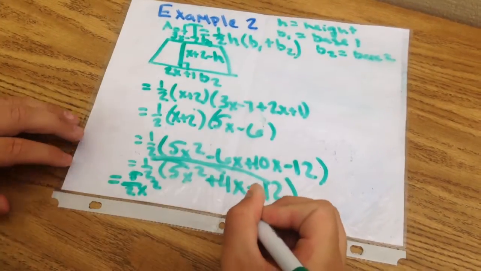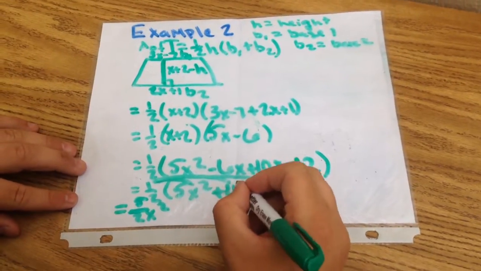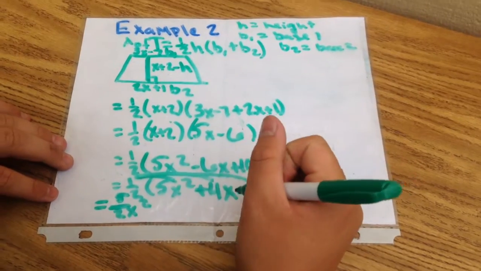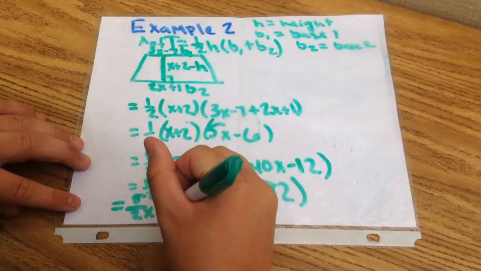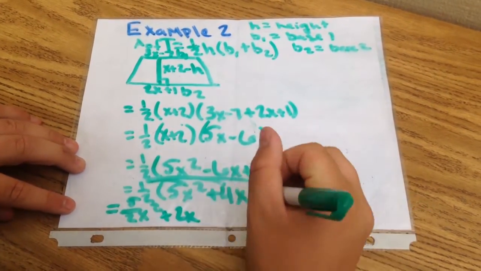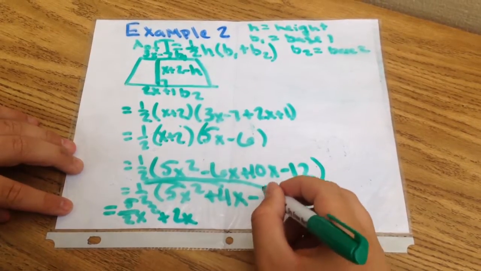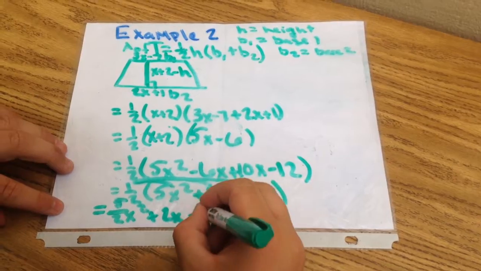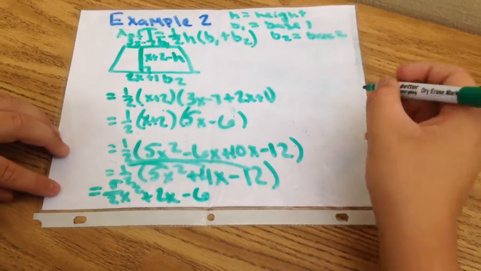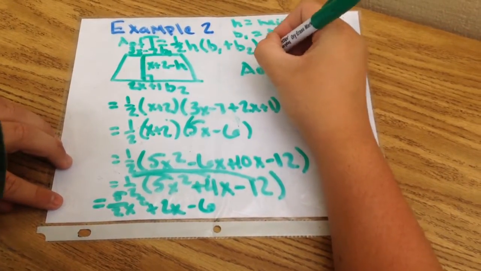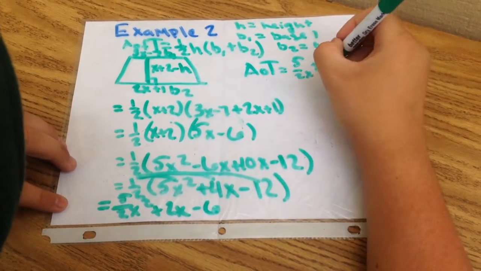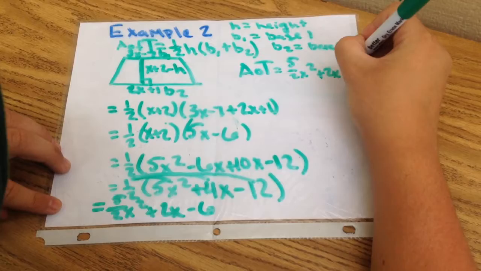And then 1/2 times 4, or 4 divided by 2, is going to be 2x, so plus 2x, and 1/2 times negative 12, or negative 12 divided by 2, is going to equal negative 6. So the area of the trapezoid equals 5 over 2x squared plus 2x minus 6.